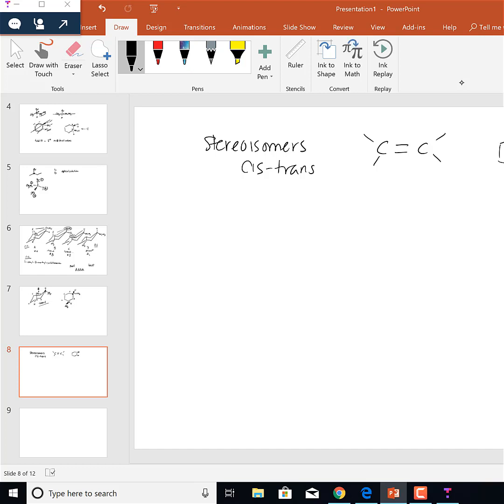We know about cis-trans stereoisomers. And these ones cannot be interconverted. I have to break a bond to make the cis the trans and vice versa. So then we have conformers, which are a type of stereoisomer. And conformers were our Newman projections, whether something was staggered or eclipsed.